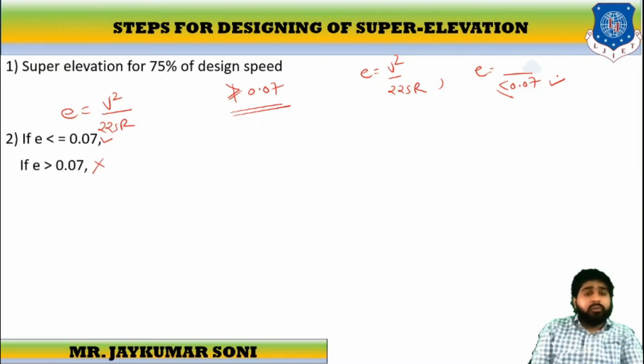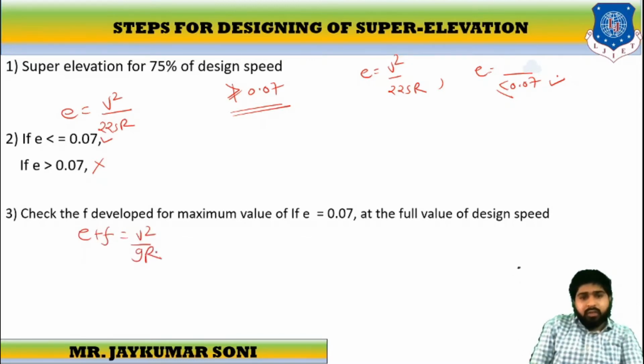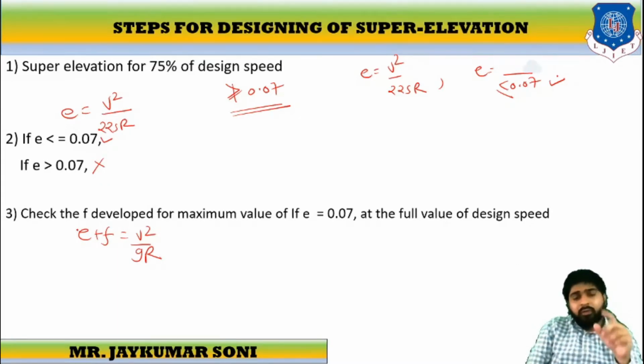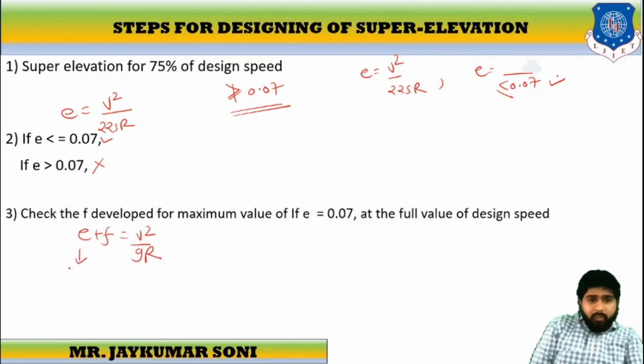So we will switch towards our old equation, E plus F equal to V square by gR, or V square by 127R. Now we have the maximum value of E as 0.07; we should not get more than 0.07. So we will put the value of E equal to 0.07.